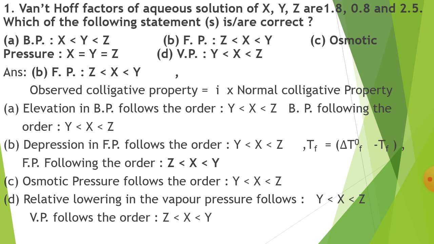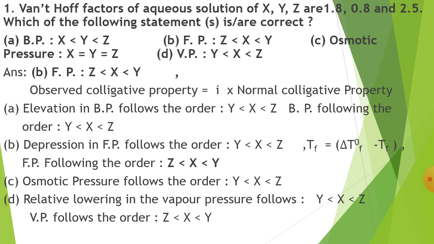Now some questions based on van 't Hoff factors are given here. Question number 1: the van 't Hoff factors for aqueous solutions of X, Y, Z are 1.8, 0.8 and 2.5. Which of the following statements are correct? So here the van 't Hoff factor is highest for Z, then X, and then Y. The more the i factor, the more will be the colligative properties.